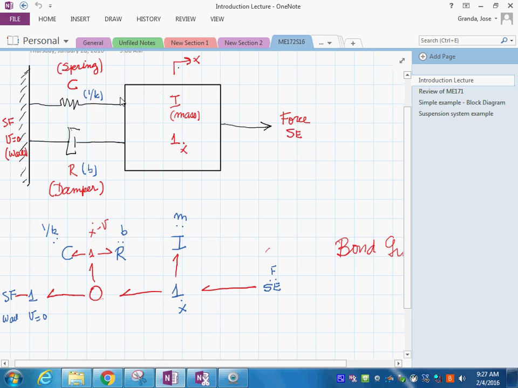You see, the system that I have in here is a force applied, then we have this mass, then there's a spring, and then there is a damper.